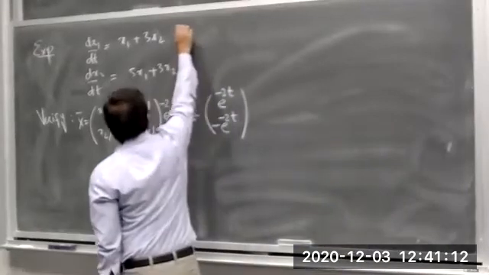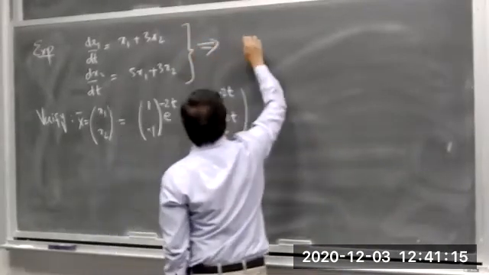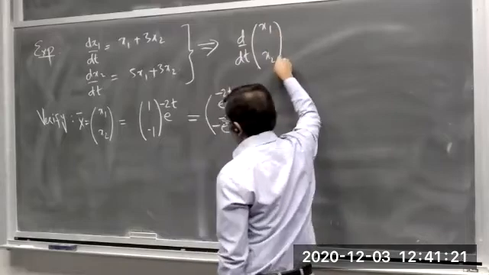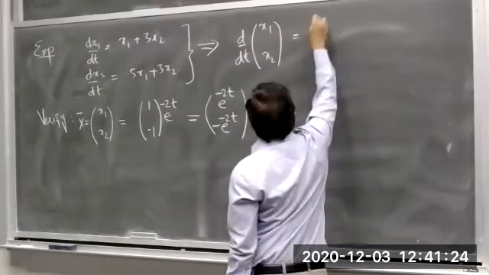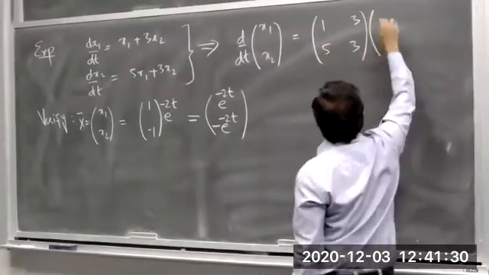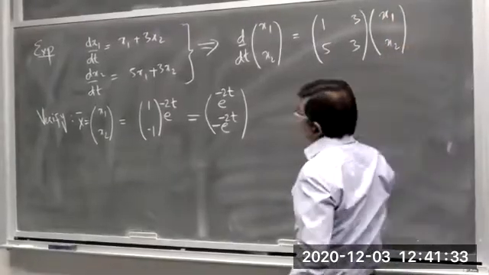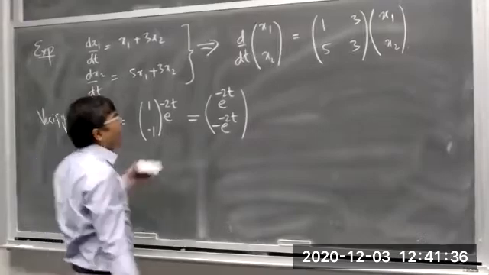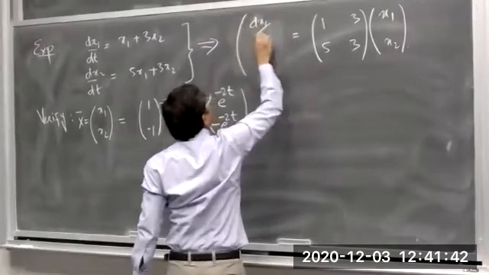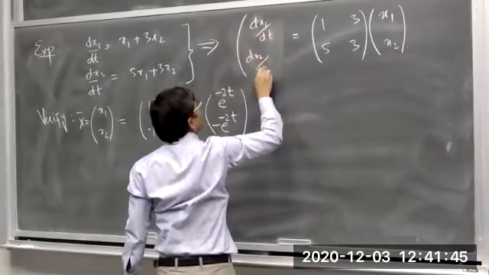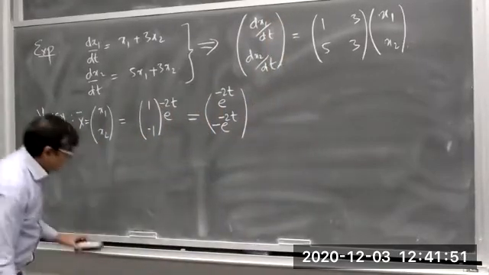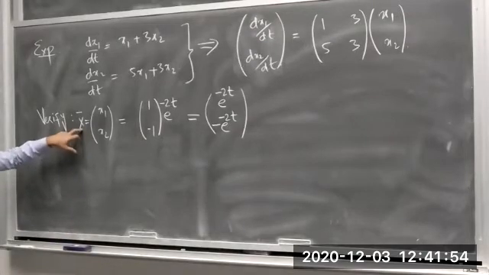So this system can be written in matrix form as d/dt of (x1, x2) is equal to the matrix (1, 3; 5, 3) times (x1, x2), or you can write it with the derivatives inside, dx1/dt and dx2/dt. Now, if you need to verify that this is your solution, you have to take its derivative.